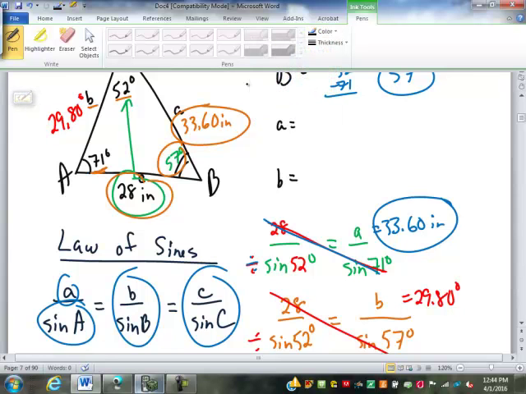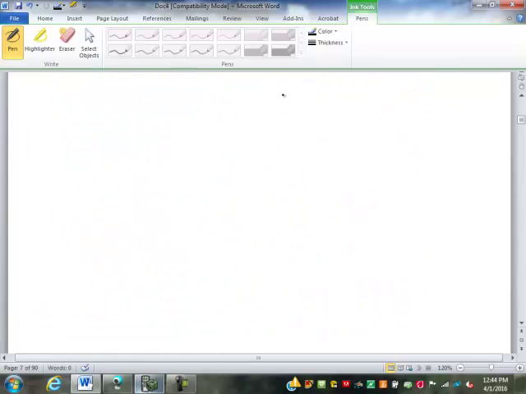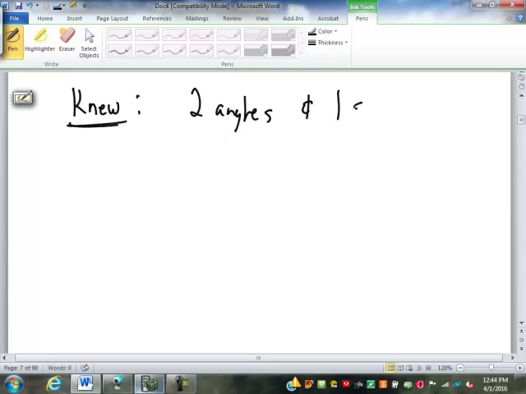Now we're going to do more examples of this, don't worry. We've got a couple hours to burn today. But one thing I want to point out here, what we were given, what we knew: two angles and one side.